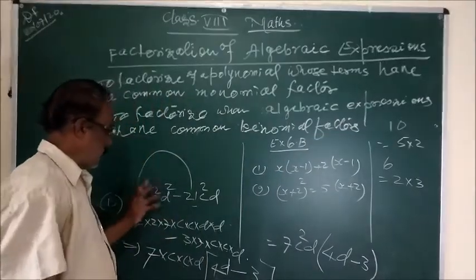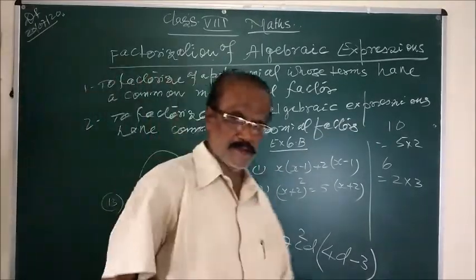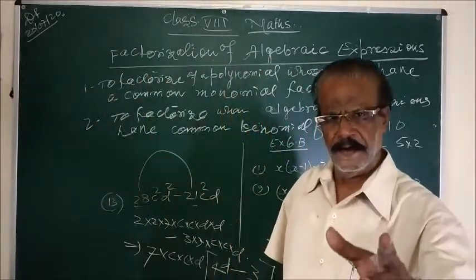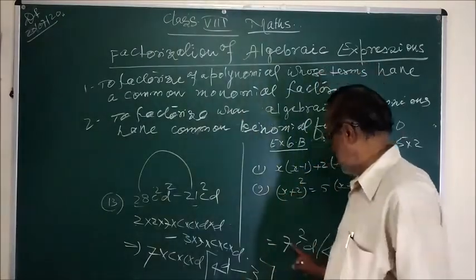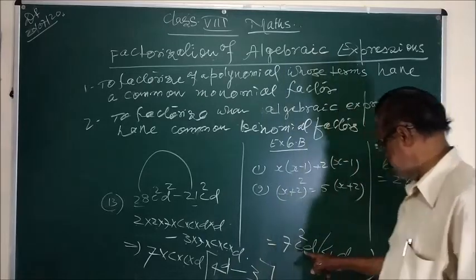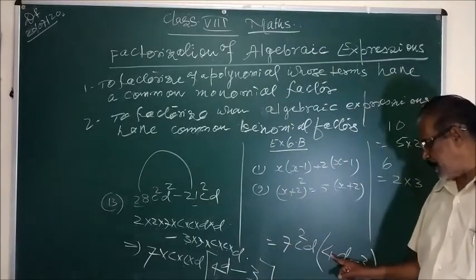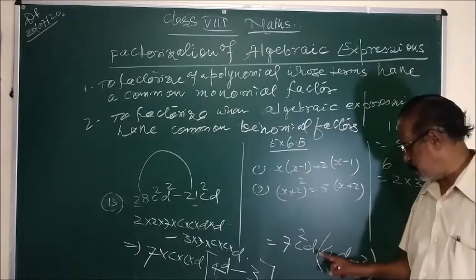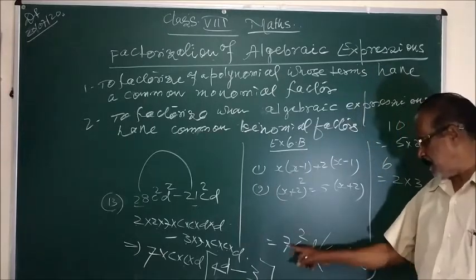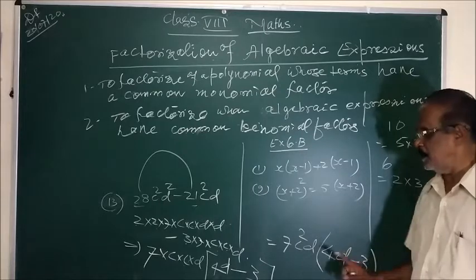Now if you want to verify, यदि इसको चेक करना चाहते हैं कि your solution is correct or not, तो इसको आप मल्टीप्लाई करके देख सकते हैं. 7 into 4, 28, C square D into D, so D square. First term will be 28 C square D square.